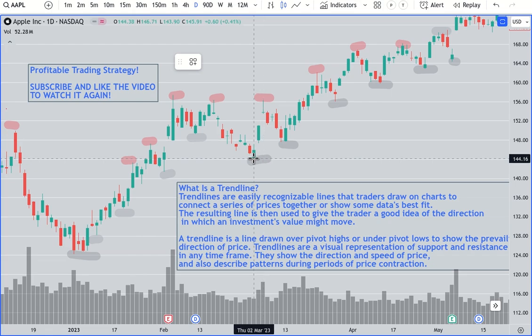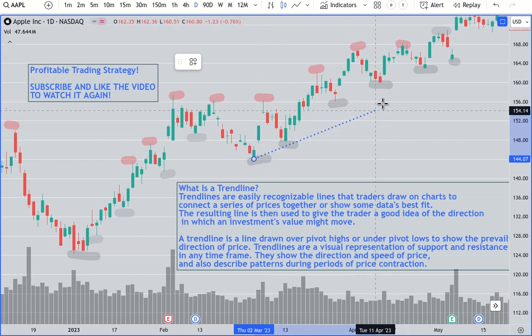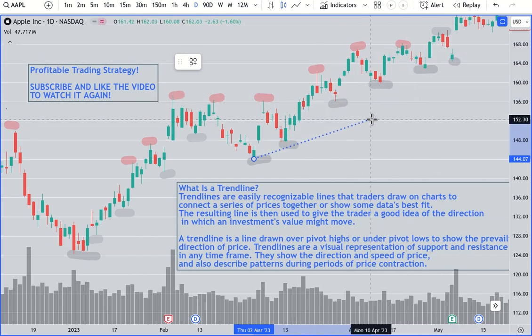So here Apple price bounced off 144. I'm going to start drawing the trend line here. I clicked the mouse, so I started the line. I can move this line to any support here, and it's going to serve as a trend line.